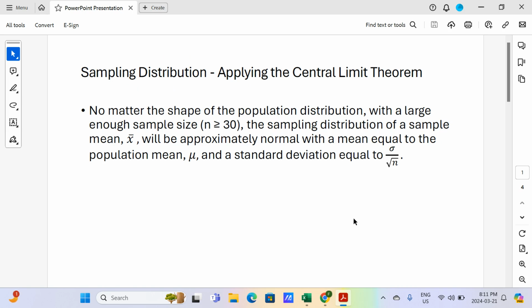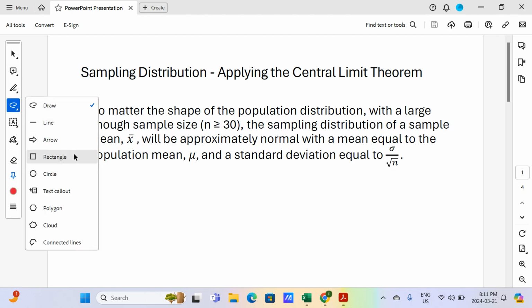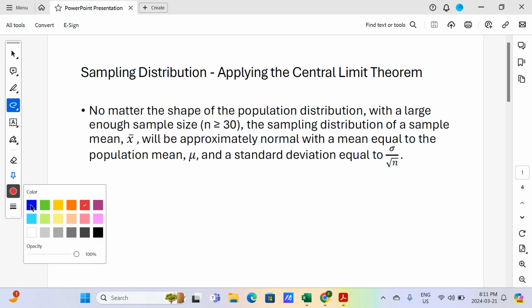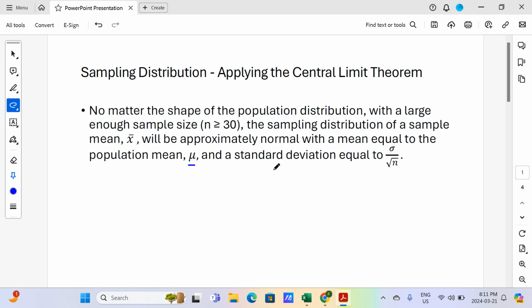no matter the shape of the population distribution, if the sample size is large enough, at least 30, the sampling distribution of the sample mean X bar will be approximately normal with a mean equal to the population mean mu, and its standard deviation would be equal to sigma over square root of n.